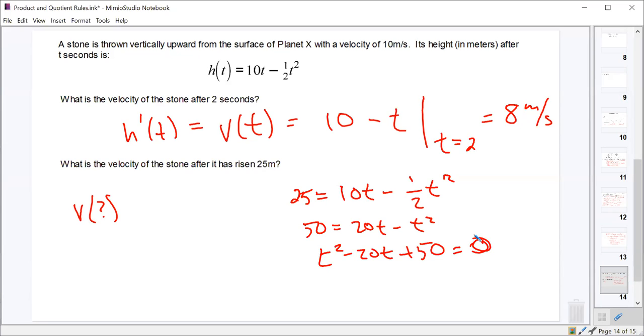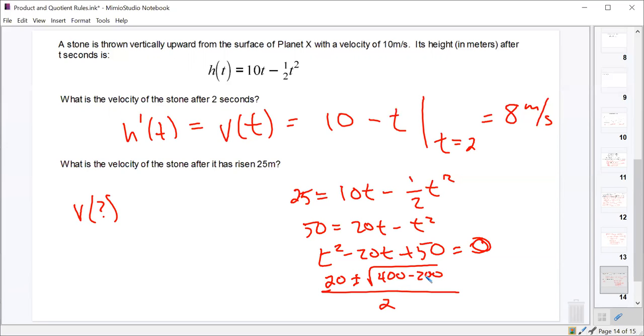And does that factor or does that not factor? I don't believe that factors, so we'll do the quadratic formula: 20 plus or minus the square root of 400 minus 4 times 1 times 50, so that's 200, all over 2.